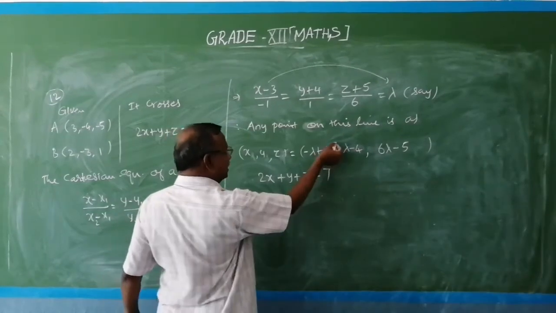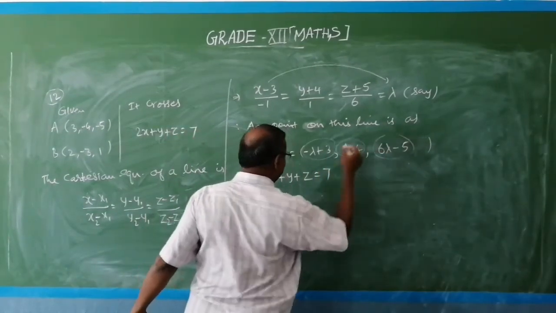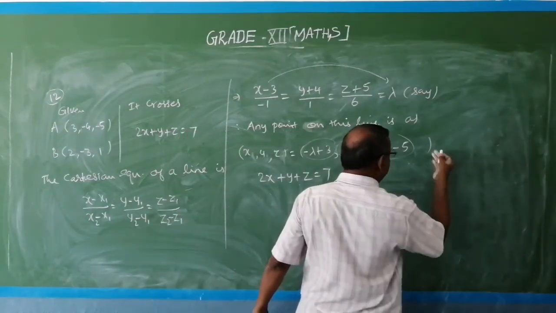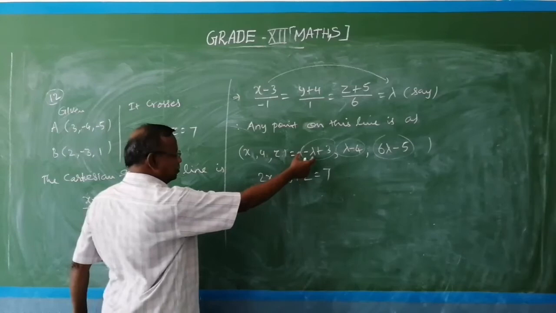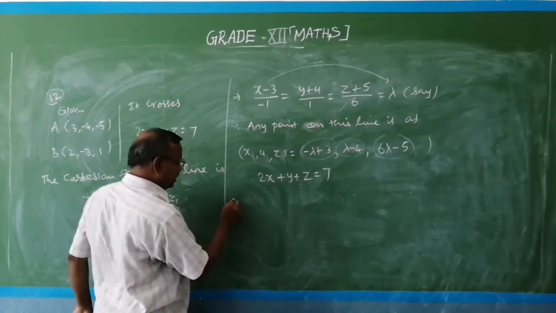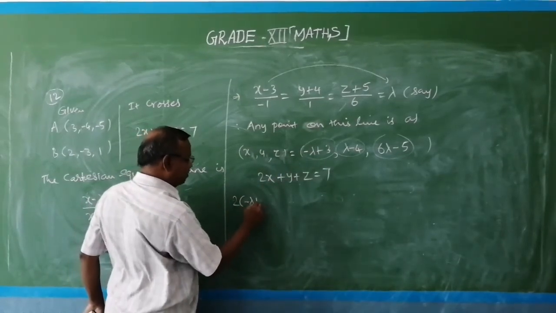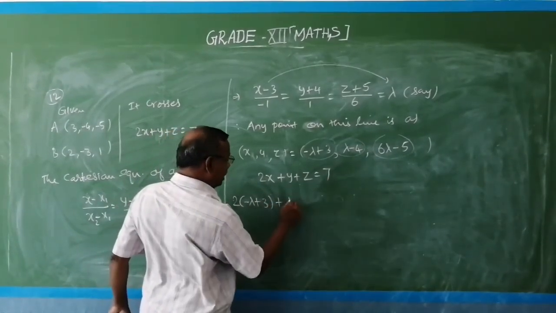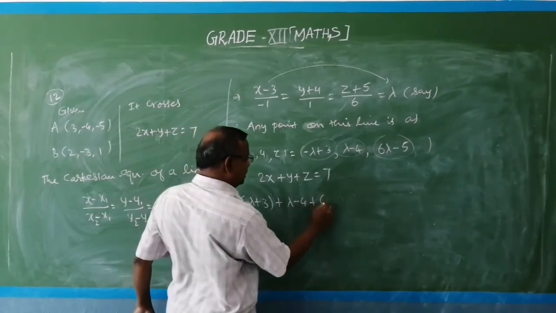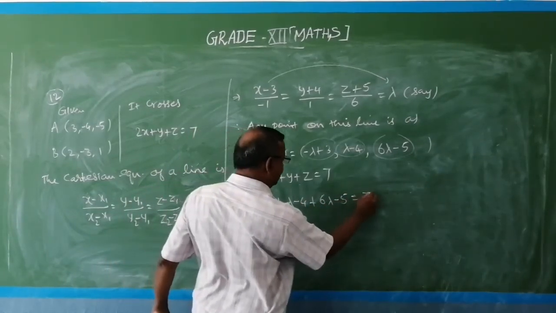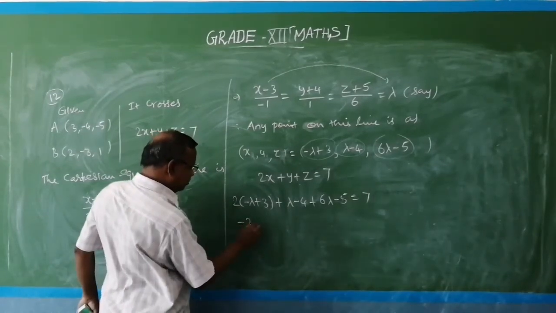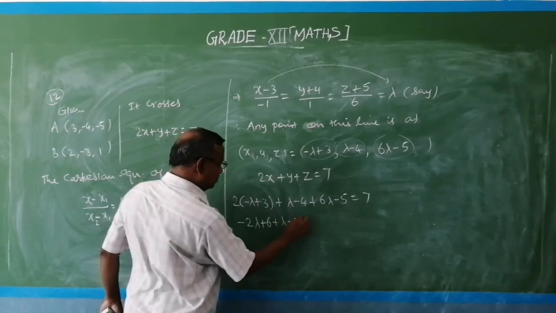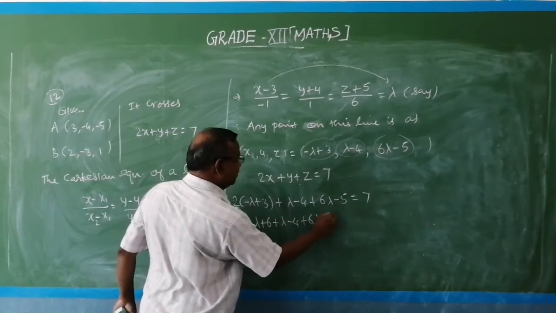Substituting the values of x, y, z in the equation. Since the required point lies on the plane, we can substitute these points. We have 2 into minus lambda plus 3, plus lambda minus 4, plus 6 lambda minus 5 equal to 7, that is minus 2 lambda plus 6 plus lambda minus 4 plus 6 lambda minus 5.